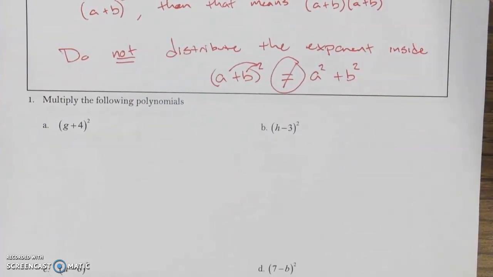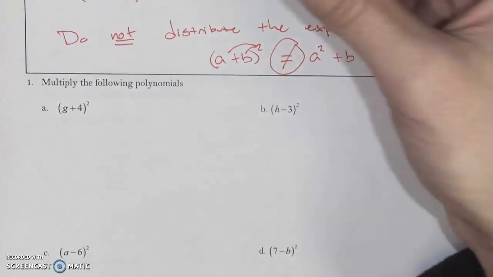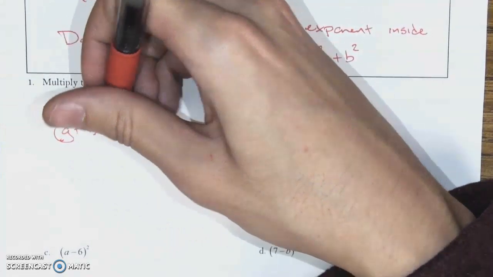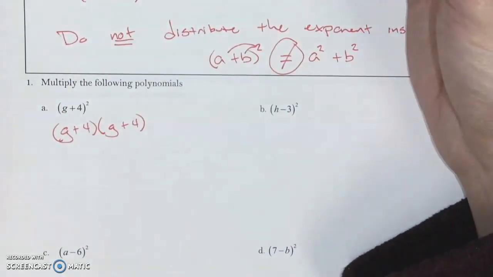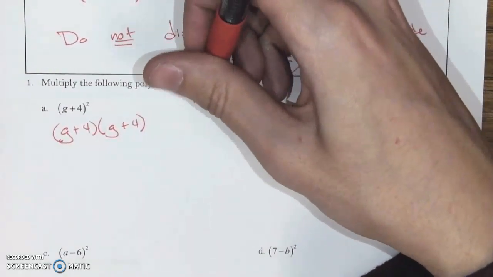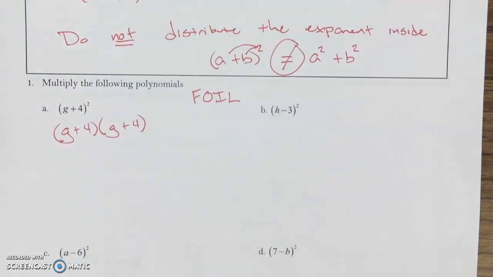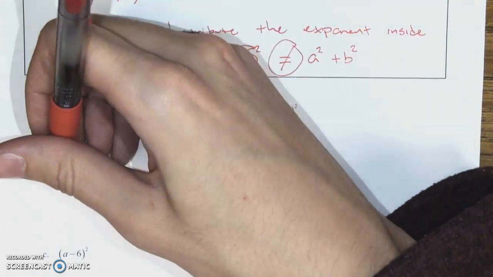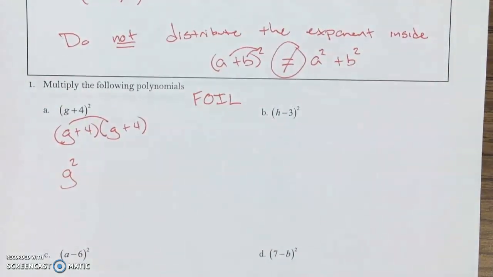Here we have the quantity g plus 4 squared. Let's rewrite that as g plus 4 times itself twice. So g plus 4 times g plus 4. And then from there, we can just use FOIL again. First, outer, inner, last. So we multiply the first terms. G times g gives us g squared.